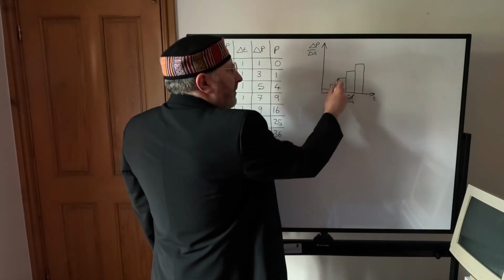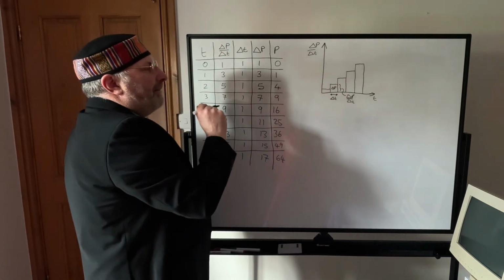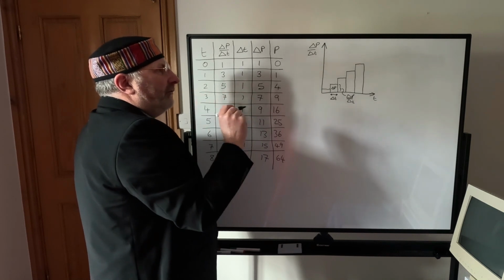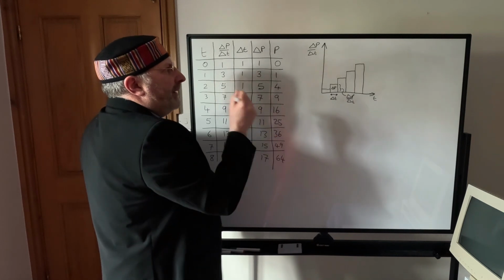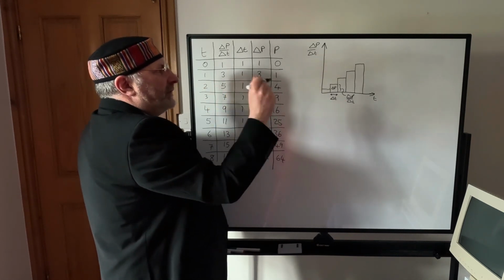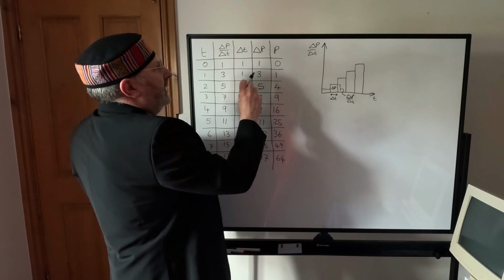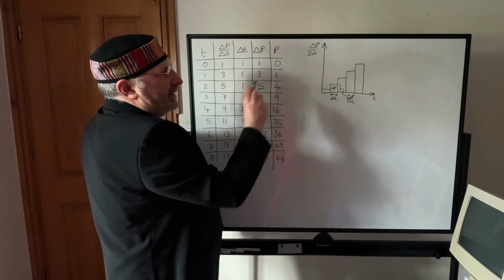Now, we've shown the delta p going up in these steps, but we also remember, hopefully from the last lecture, that the exact formula for dp by dt is 2t if the population is given by t squared, as it is here.